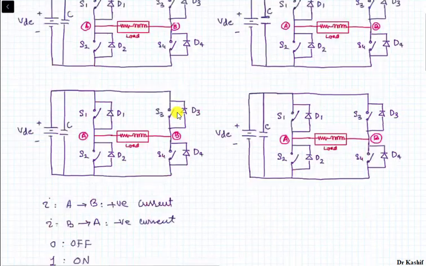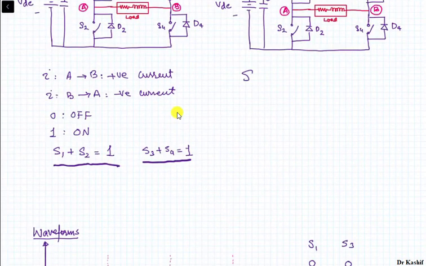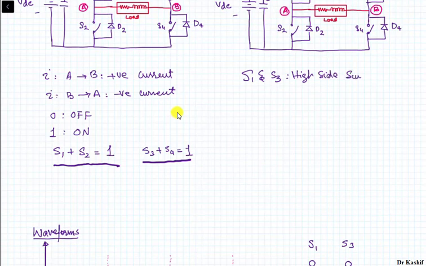So S1 and S3 are the high side switches, and S2 and S4 are the low side switches.